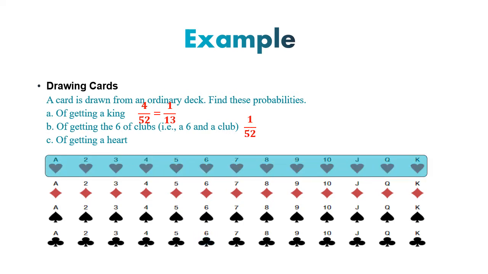We have 13 hearts out of 52, so the probability of getting a heart is 13 out of 52. So here, the number of the sample space is 52. This is very important.